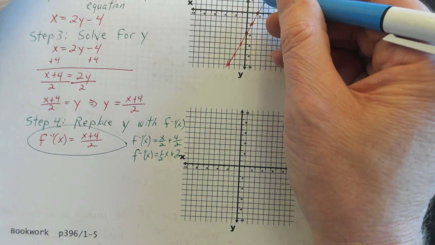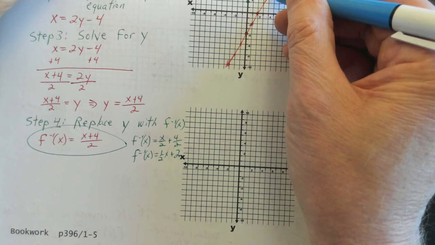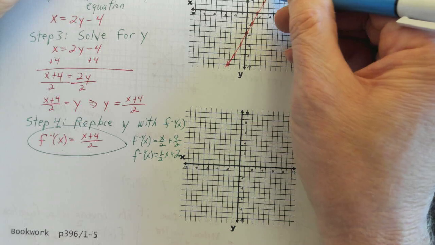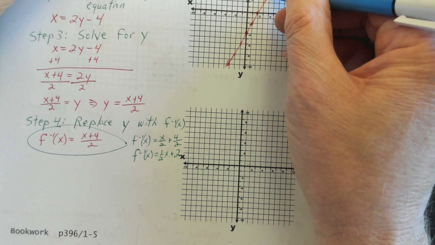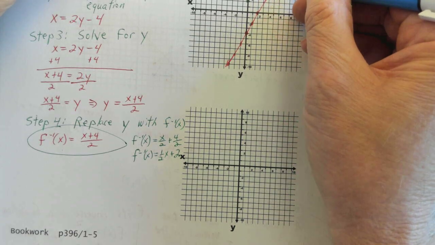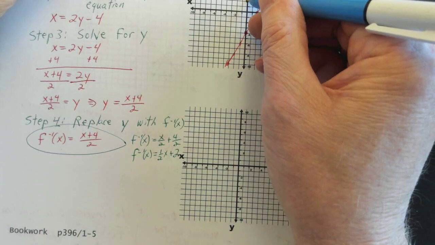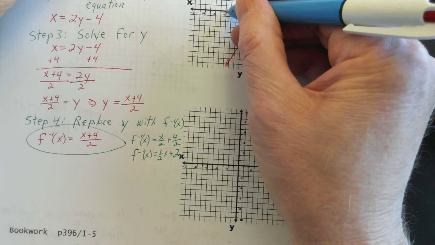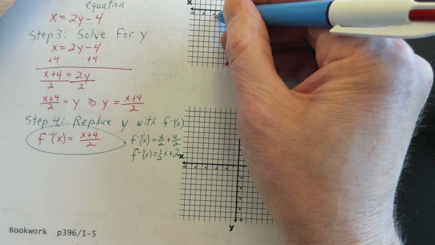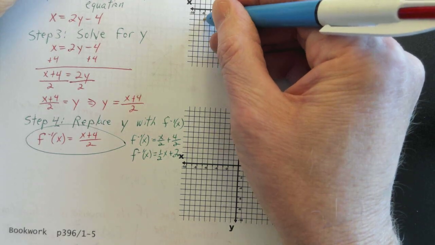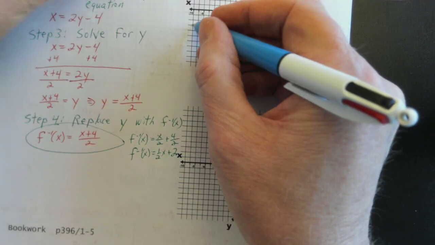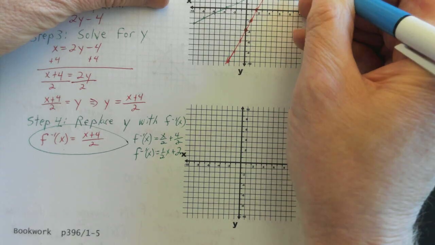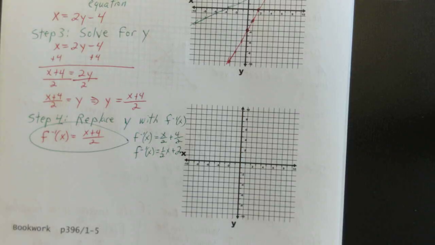So I go up 1 over 2, up 1 over 2. It's hitting the line. Up 1 over 2. Down 1 over 2. One more. Okay. Now I'm going to draw that line.